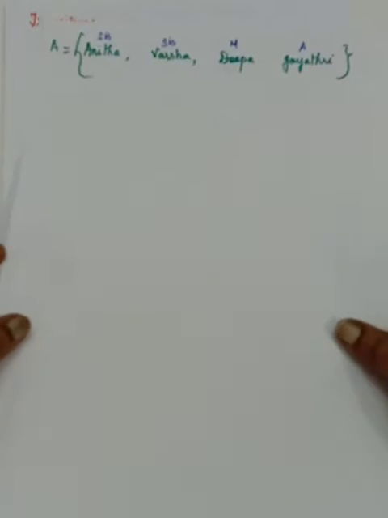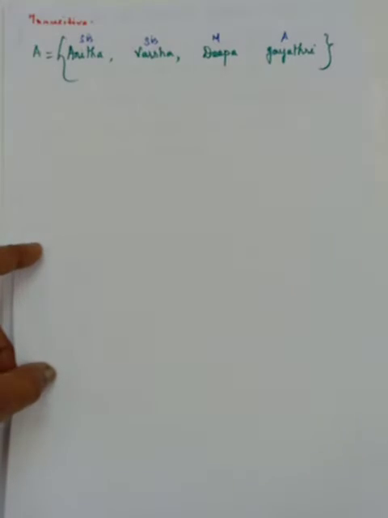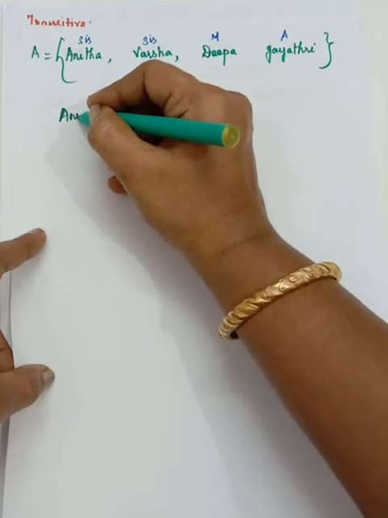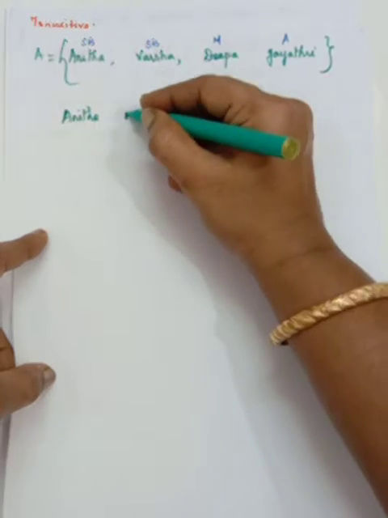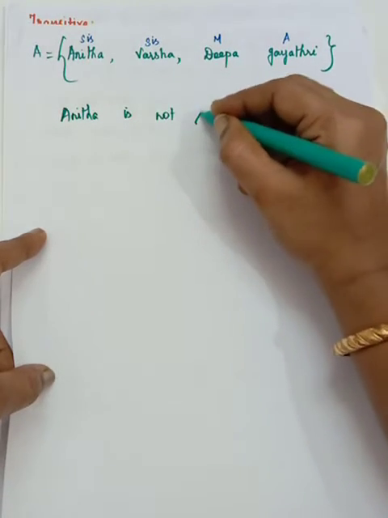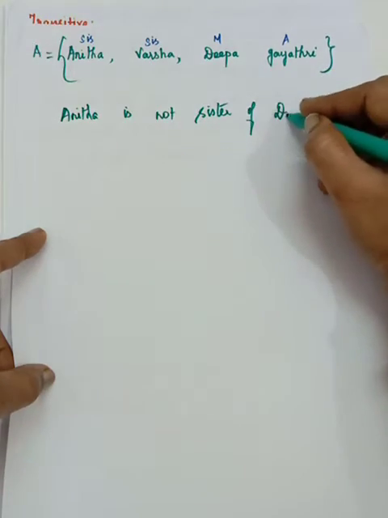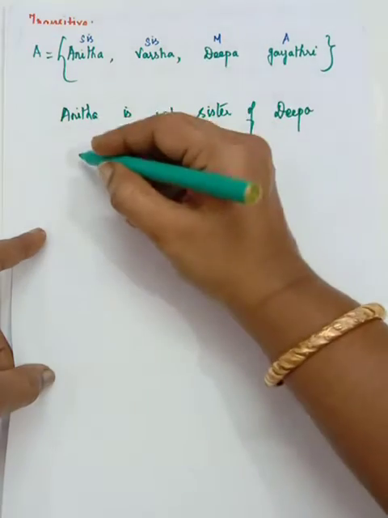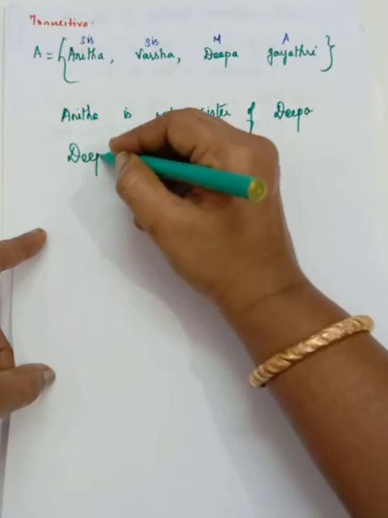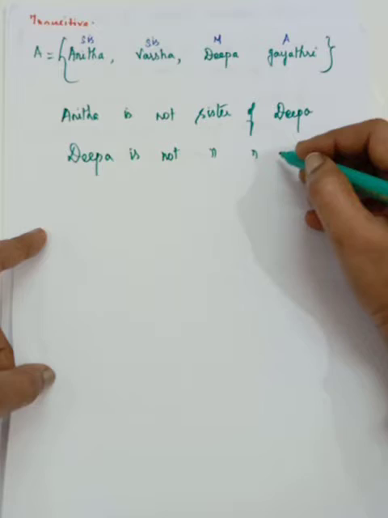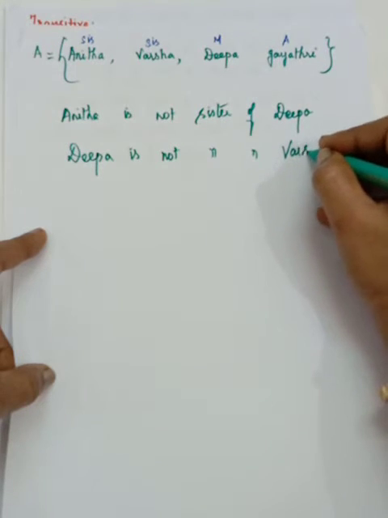So for example, Anita is not a sister of Deepa. Deepa is not a sister of Varsha, if we consider.